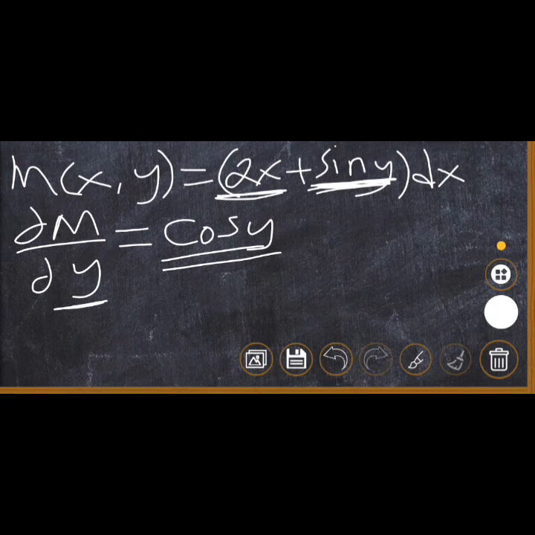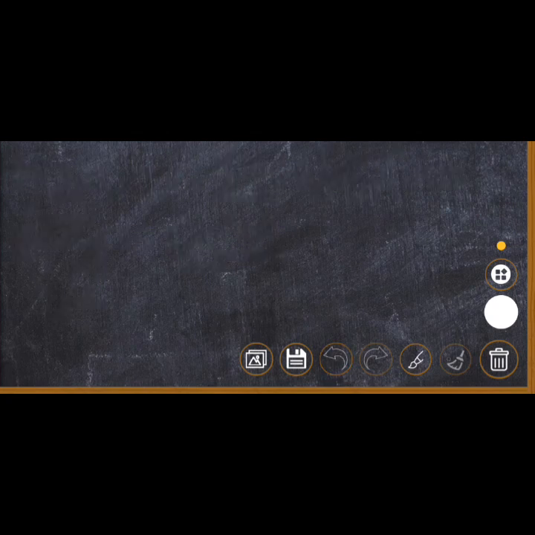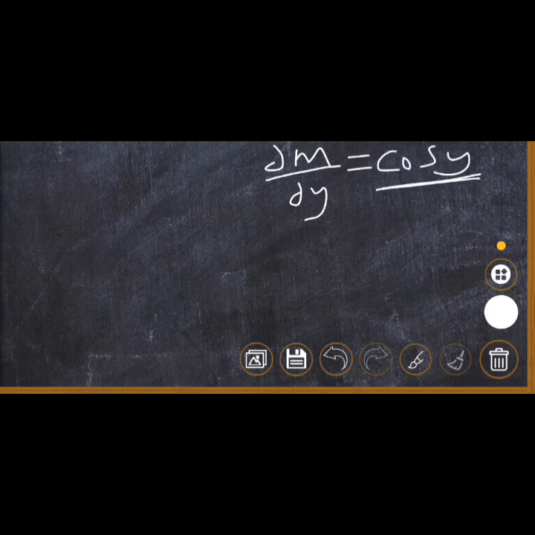Now, if we look at the function for n also, make sure that you keep that in mind. Let's just keep that somewhere so that we are reminded of what we have already done. So we have had the differentiation of this as that. So we have the function for n. The function for n is given as 2x cos y.